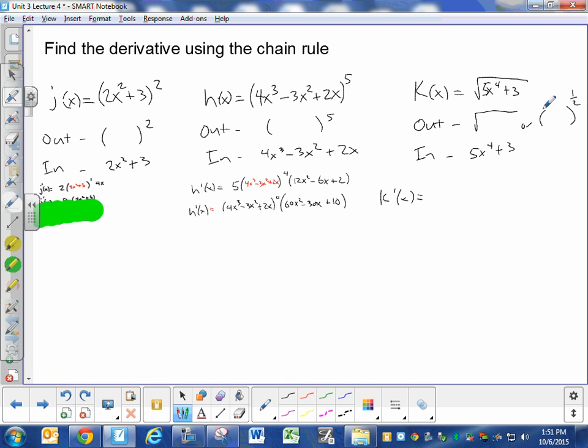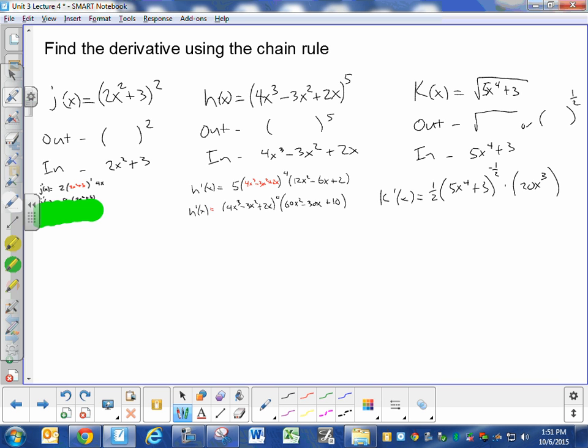We know that the square root should be the same as something to the 1/2 power. Once we get that, we can go. This would be the derivative.